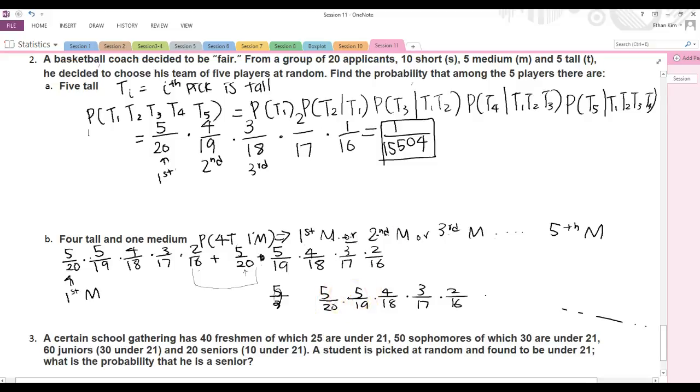So we're going to multiply this by 5 because we have 5 different options, right? So we're going to multiply everything by 5. Okay, and the denominator is the same.